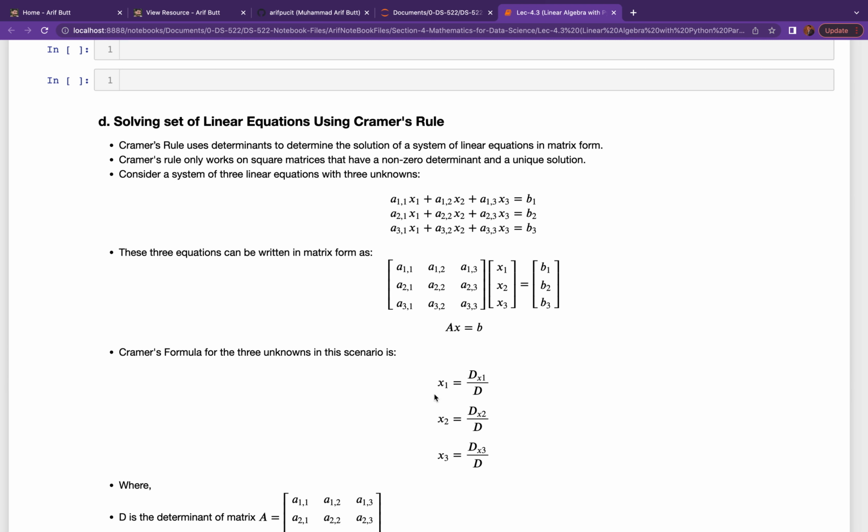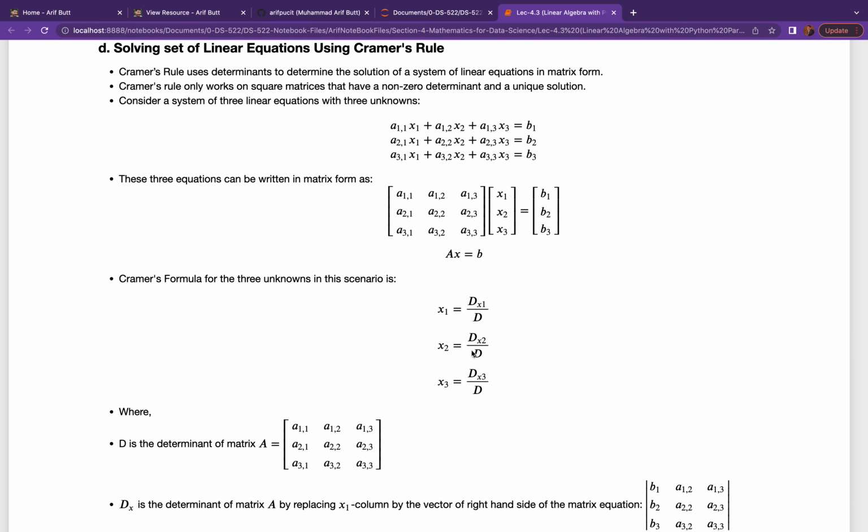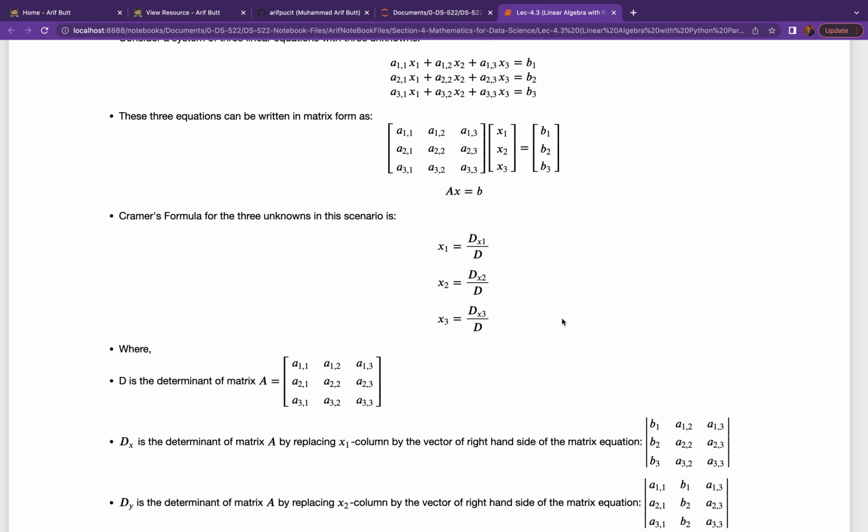So for the three unknowns x1, x2 and x3, for x1 the value is determinant of x1 over determinant of this matrix. So first of all, the d is the determinant of this matrix A, and dx is the determinant of this matrix by replacing this column with b1, b2, b3.